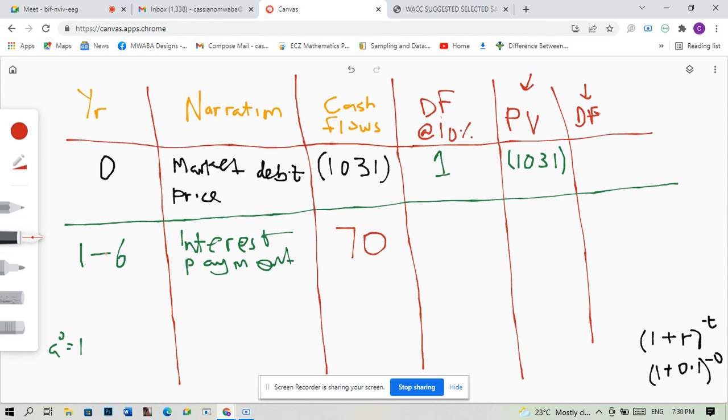An example of an annuity can also be your rent. For a certain year, each month you're paying the same amount. So that is an annuity.